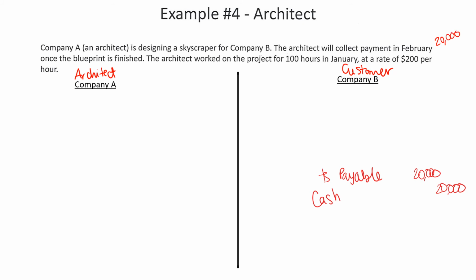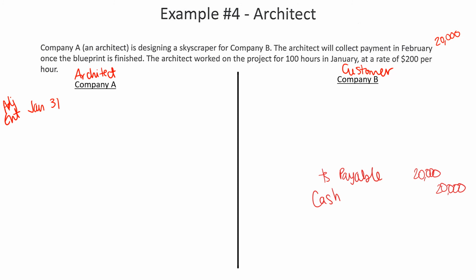So the architect and their customer have come to this agreement. So work is going to take place during January. Again, it won't be paid until February, like the previous example. So at the end of the month, the adjusting entry here for the architect, January 31st, they need to recognize the amount of revenue that they earned in January, even if they didn't get paid for it yet.